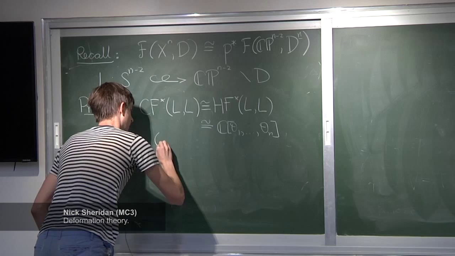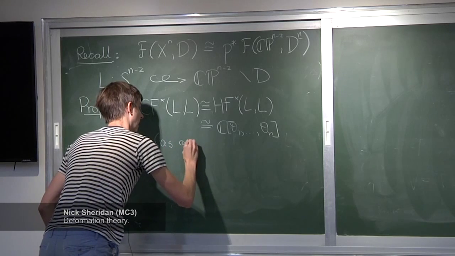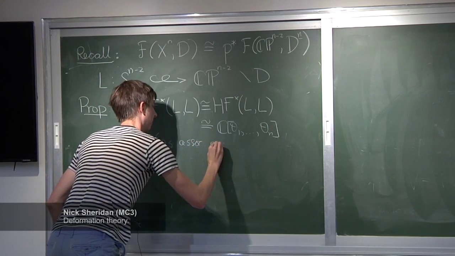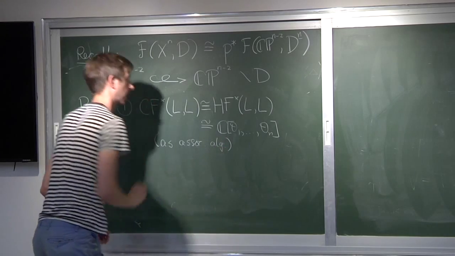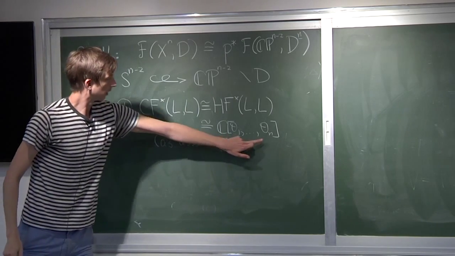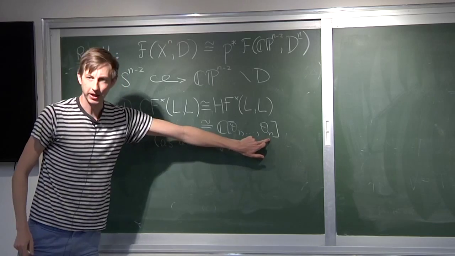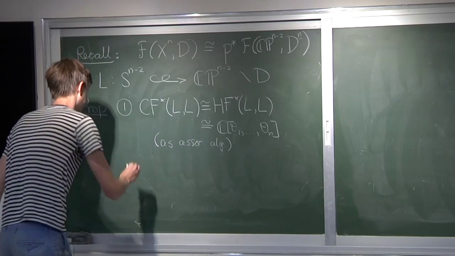So the first thing was that, as an associative algebra, it's an exterior algebra on n generators.